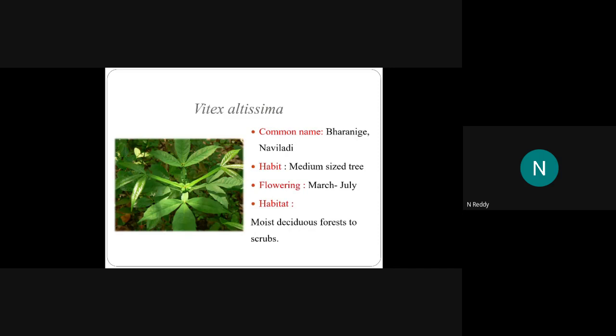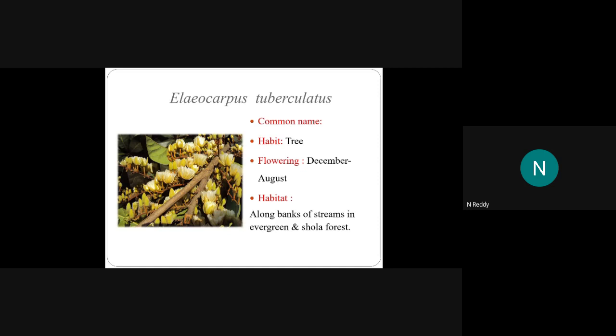Vitex species is another one. Flowers during March to July. And this is another one which is grown along banks of streams in evergreen and shola forest, that is in Western Ghats.